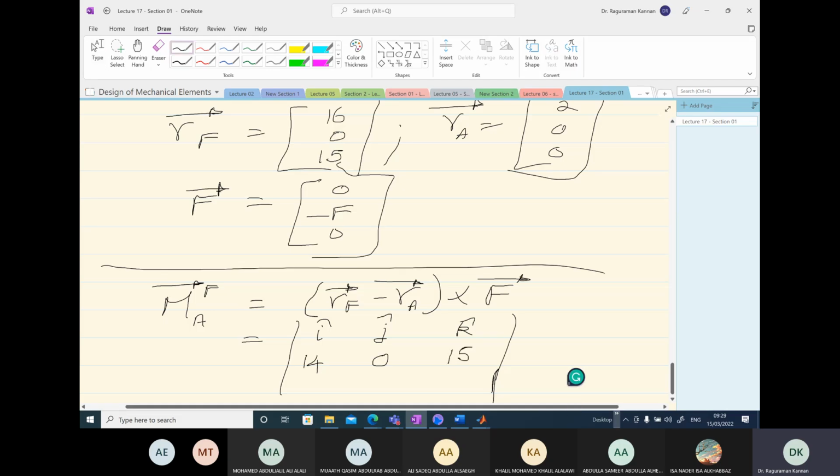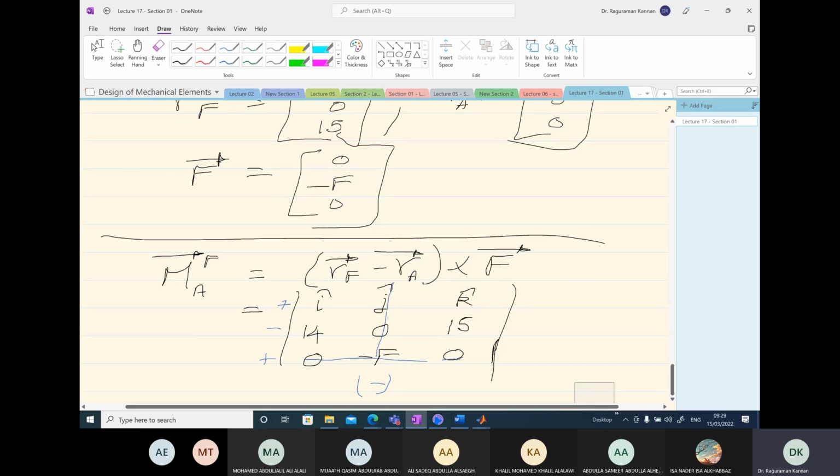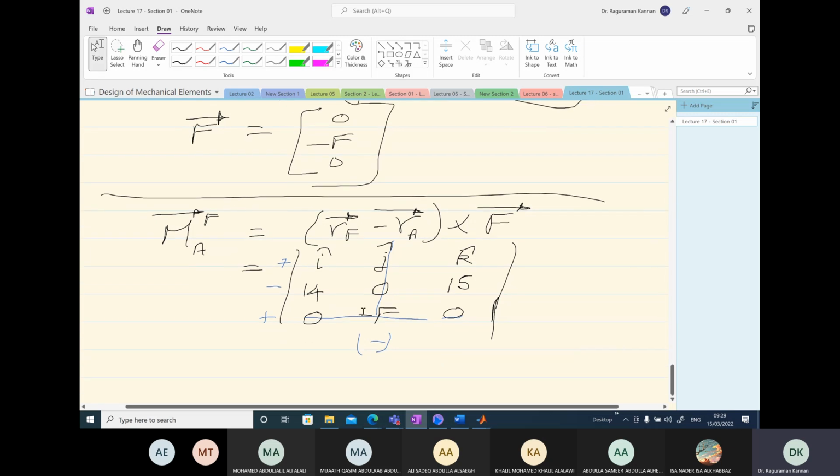All right, and the force is 0, minus F, 0. To expand this, plus and minus signs, and we will expand according to the row here and the column over here with the F value. F becomes positive, negative of negative becomes positive.